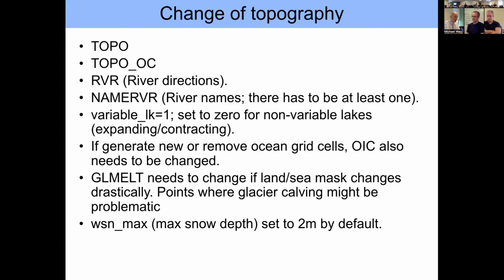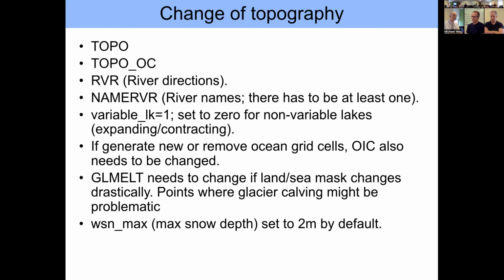But this should only be used with non-zero values when you have an ocean. If you do not have an ocean, you have got to set this WSN max equal to 0. So for example, in the case of a run deck where you only have lakes, you cannot use this feature.